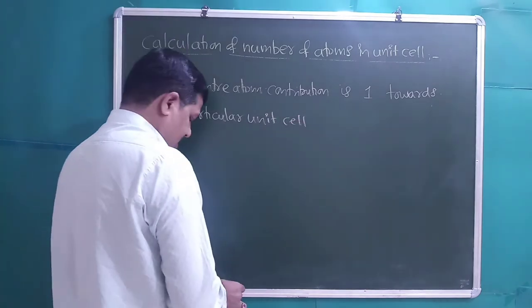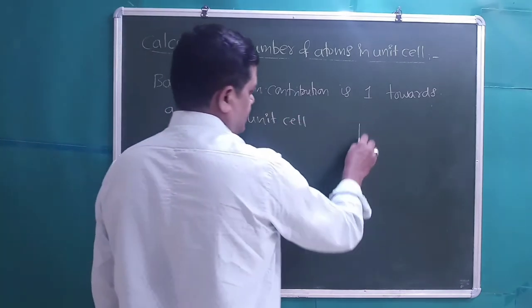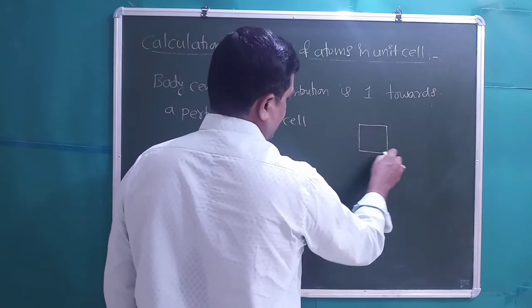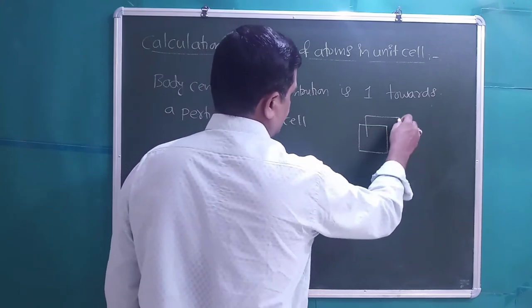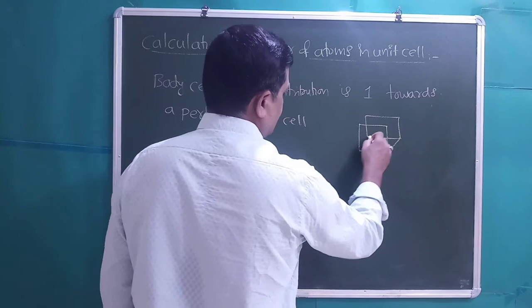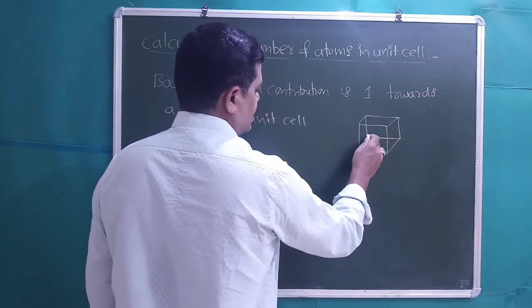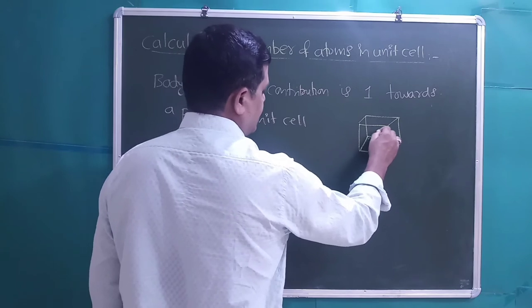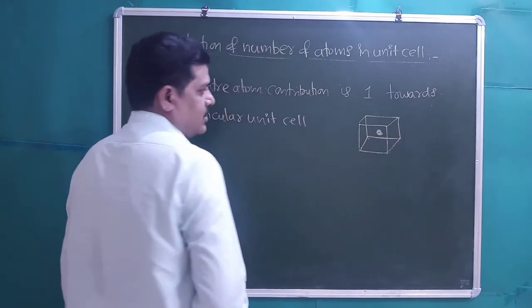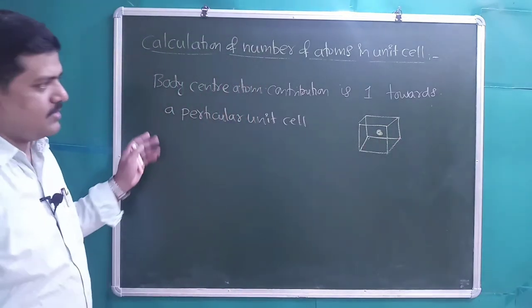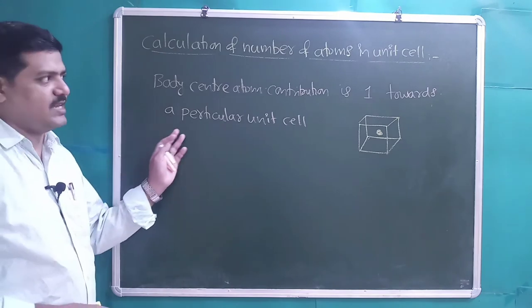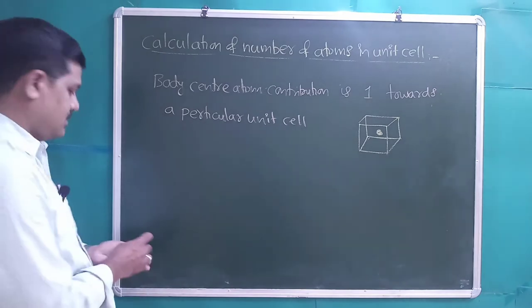Students, generally body center atom is for the cubic unit cell. We will take a cubic unit cell. Body center atom is present inside the unit cell, so its contribution towards a particular unit cell is 1, right?